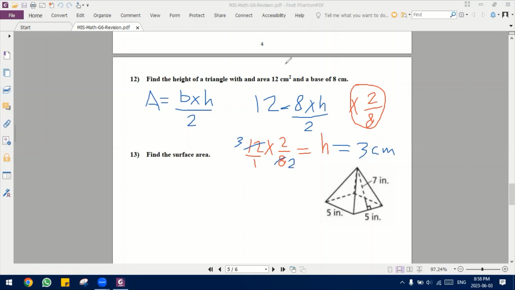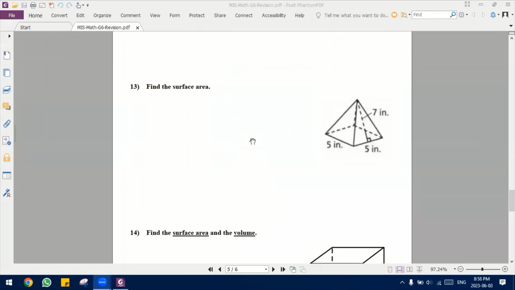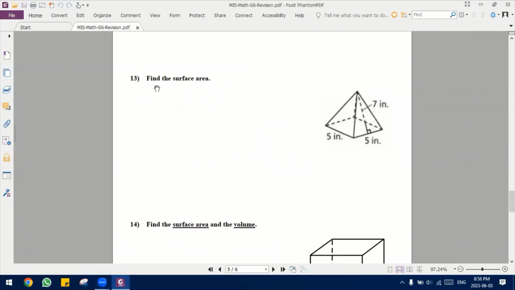Now, question 13. Okay, here comes the chapter of surface area. In question 13, we need to find the surface area of this shape. What do we have here? We have a pyramid. As I said, the first thing you should do is think of how many faces this shape has. You can draw the net if you like, but it's not that important. So first of all, let's think.